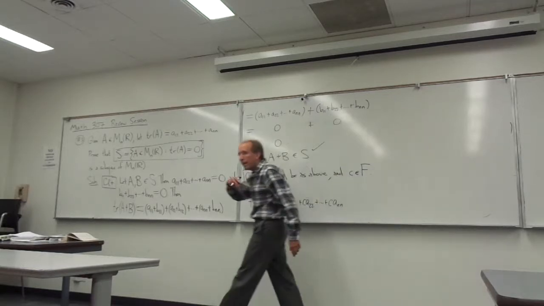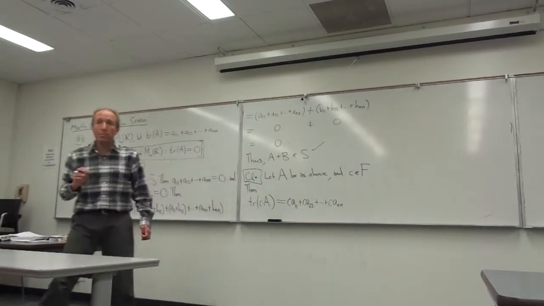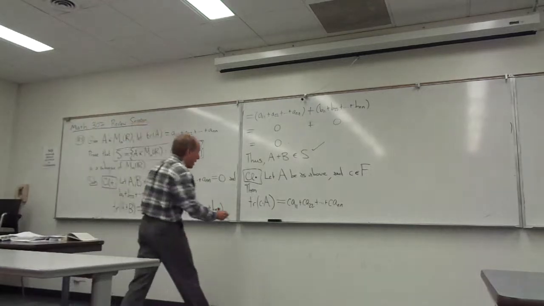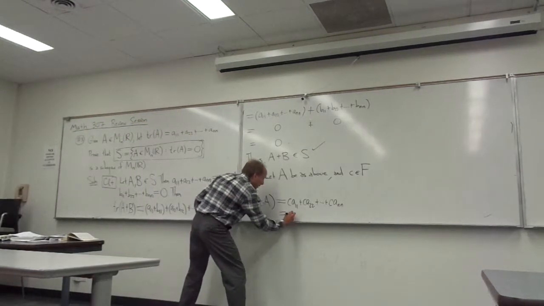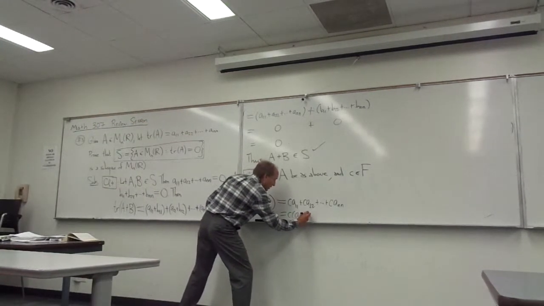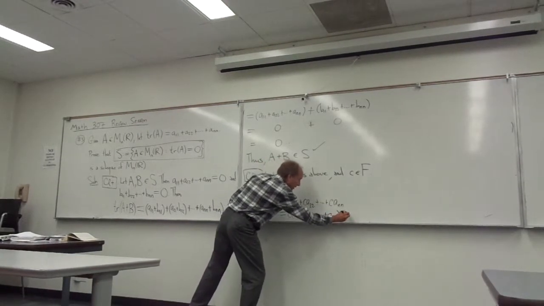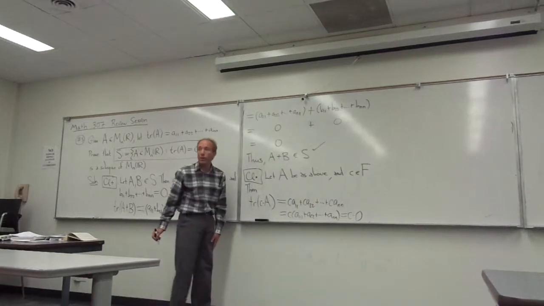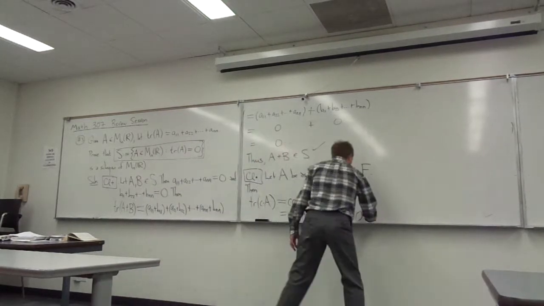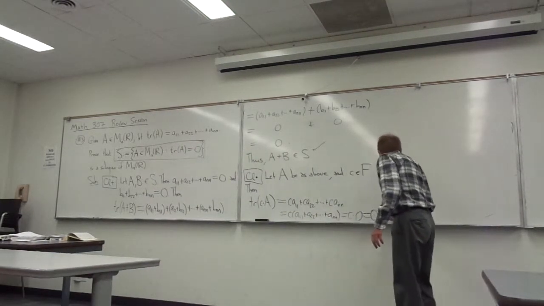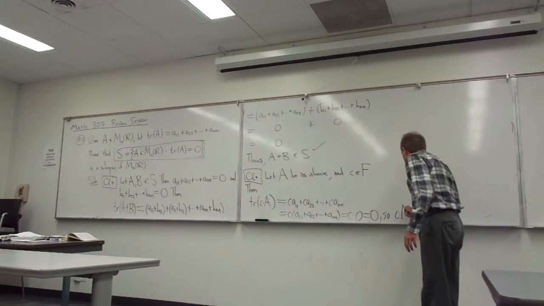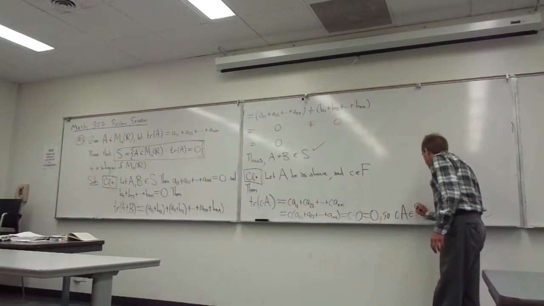Try not to just factor the C out blindly at the beginning. Show the steps that you have there. All right, so now I can factor out the C. I think everybody can see how we do this here. I can factor out the C, and we get C times 0, which is just 0, of course. So C times A is an element of S.